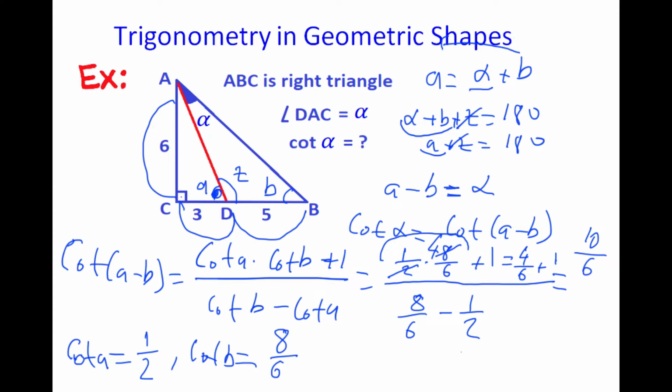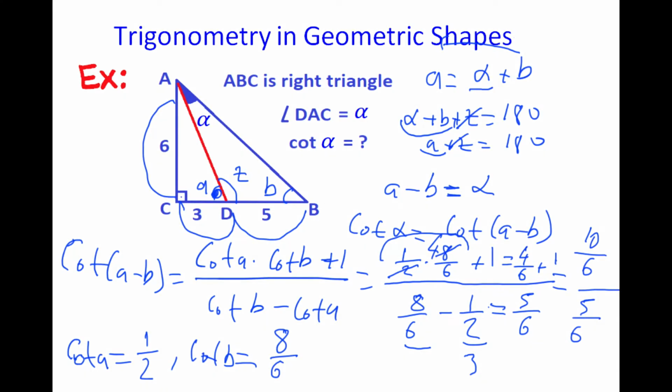In the denominator, we make the denominators the same. We have 6 here and 2 here. If you multiply the second fraction by 3, we get 8 minus 3, which is 5 divided by 6.